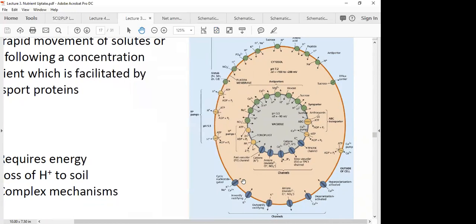They're called low affinity channels, which means that they can transport 2 or more different types of ions or solutes. So this one can transport potassium, calcium and sodium. That's an example of a low affinity channel. Here we've got a calcium channel and another one there. So there's some channels, and here's some channels on the tonoplast as well.